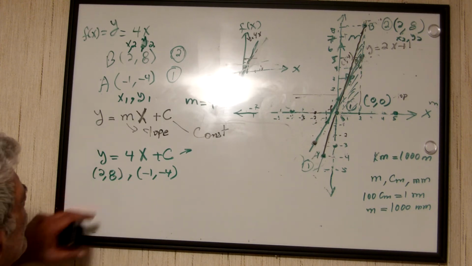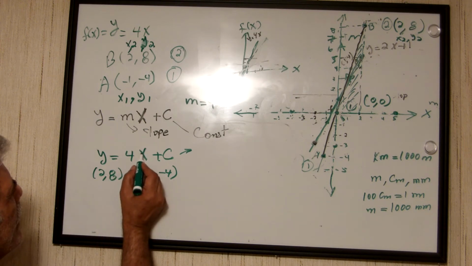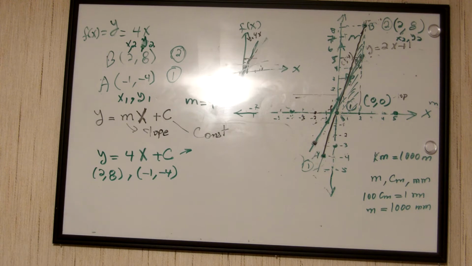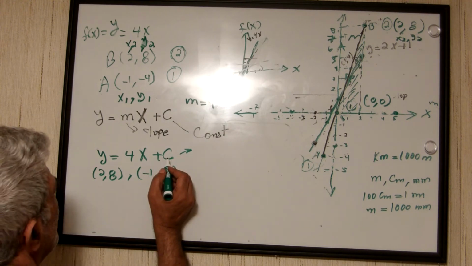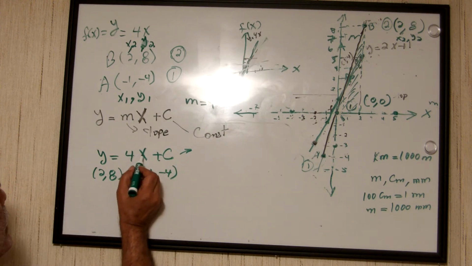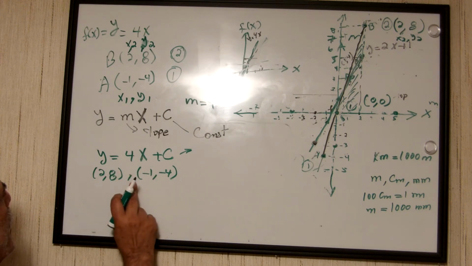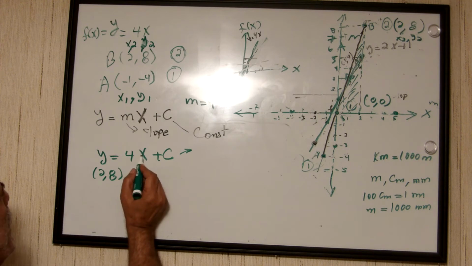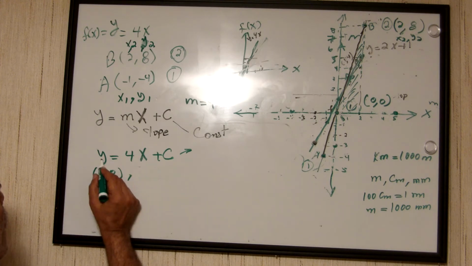If you want to find this constant, we choose one point. First, we choose this one. Instead of x, we put 2, and instead of y, we substitute 8.